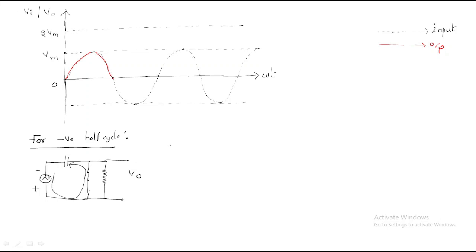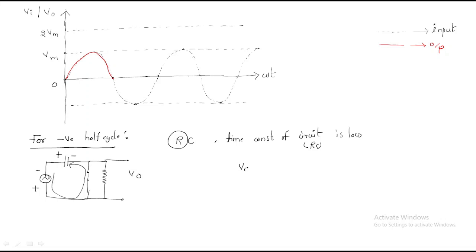That's why the time constant RC becomes 0. The time constant of the circuit, RC, is low. Then the capacitor will reach the peak point.